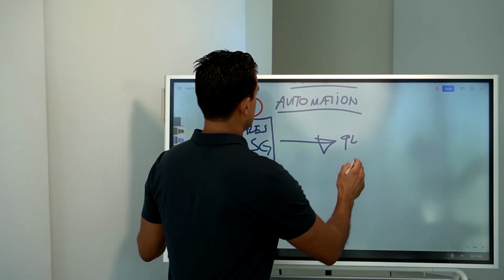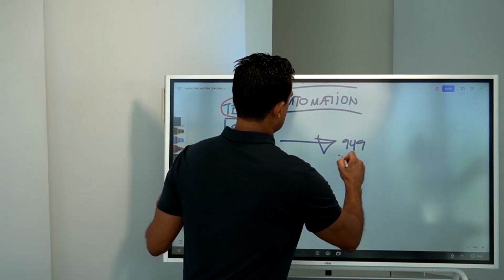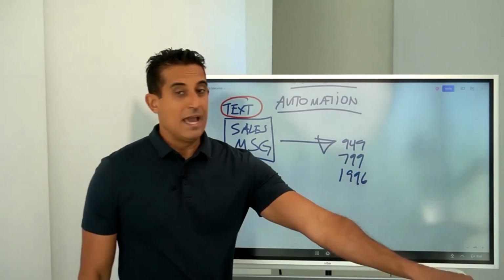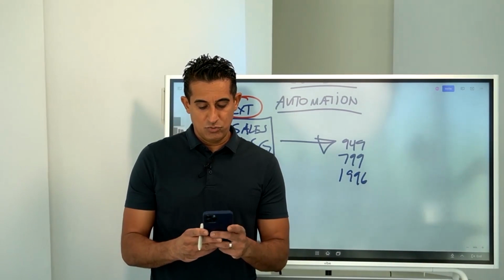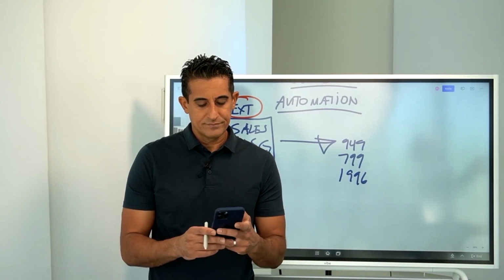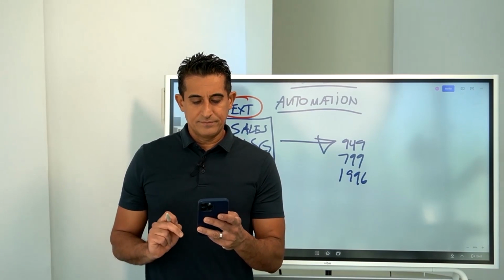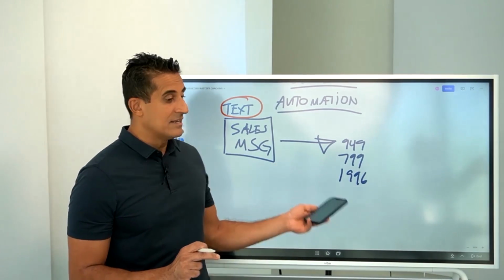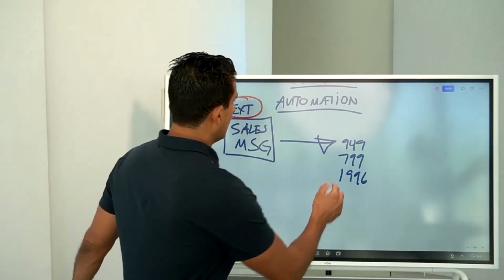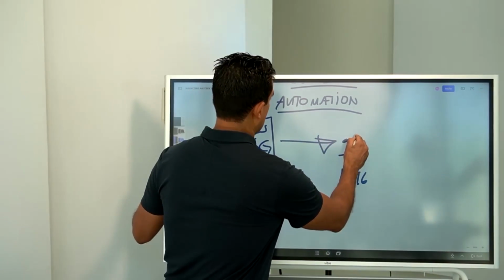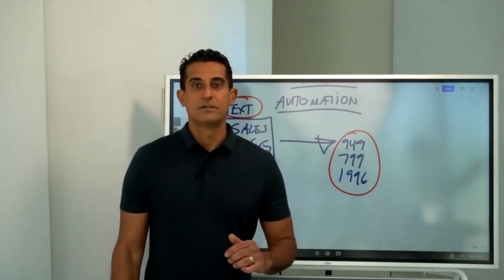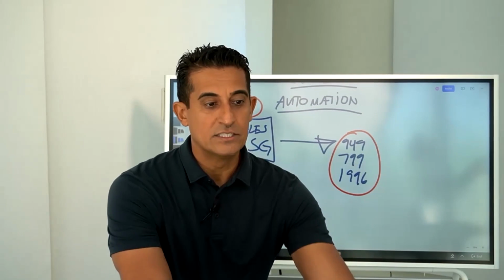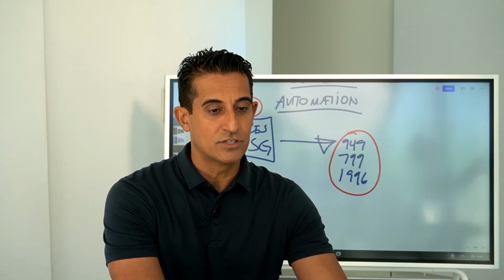Here's my phone number: 949 799 1996. If somebody on that thing texts us the word Botox, because we have an automation set up for that, I'll give you an example.